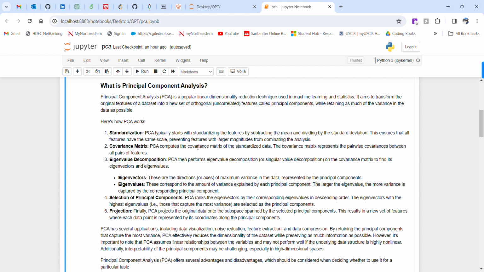Eigenvalues represent the variance explained by each principal component, while eigenvectors represent the direction of these components. We select the principal components based on the eigenvalues, taking the top k eigenvectors corresponding to the largest eigenvalues to form the new feature space.